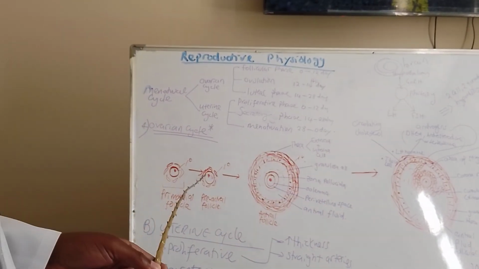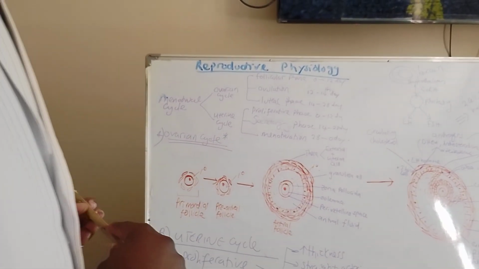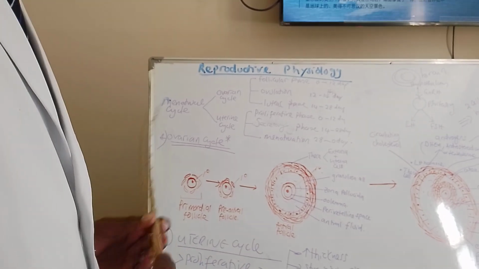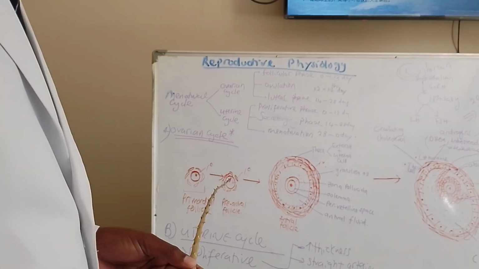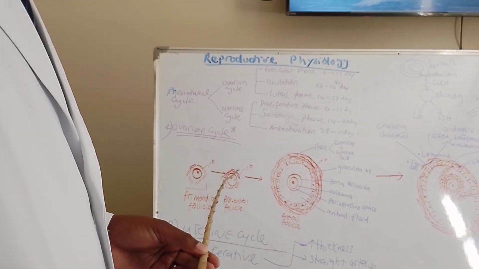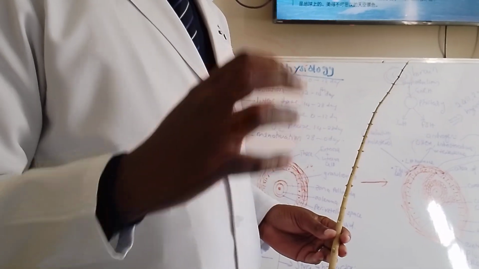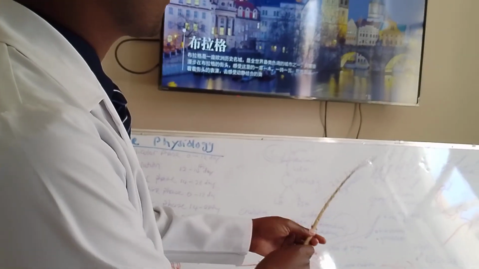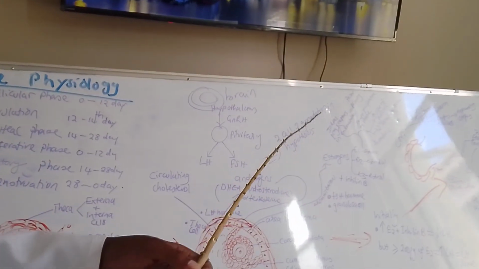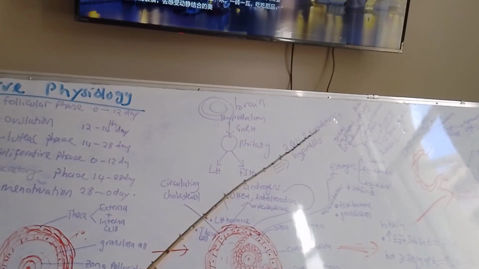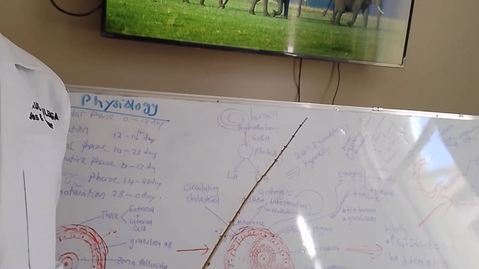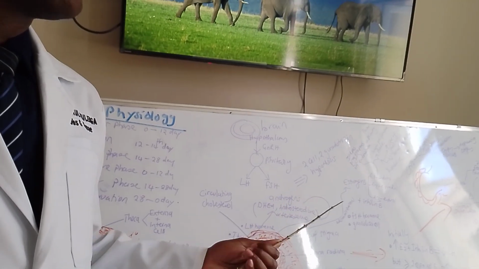From primordial to preantral is non-hormone dependent. And that's why it takes about 85 days. But immediately you reach preantral, going this way, then hormones are involved. And those hormones are expounded by what is known as the two-cell two-gonadotropin hypothesis. We sometimes call it the central dogma of reproductive physiology.